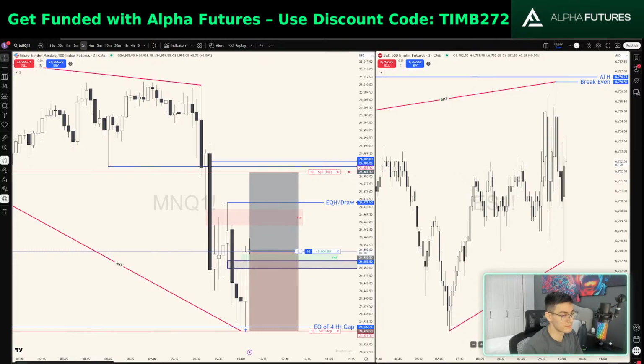So, I mean, I like the setup. It's not the highest of probability. The one thing going against me is I'm targeting an SMT high. Like, there's SMTs at the high and there's SMTs at the low.